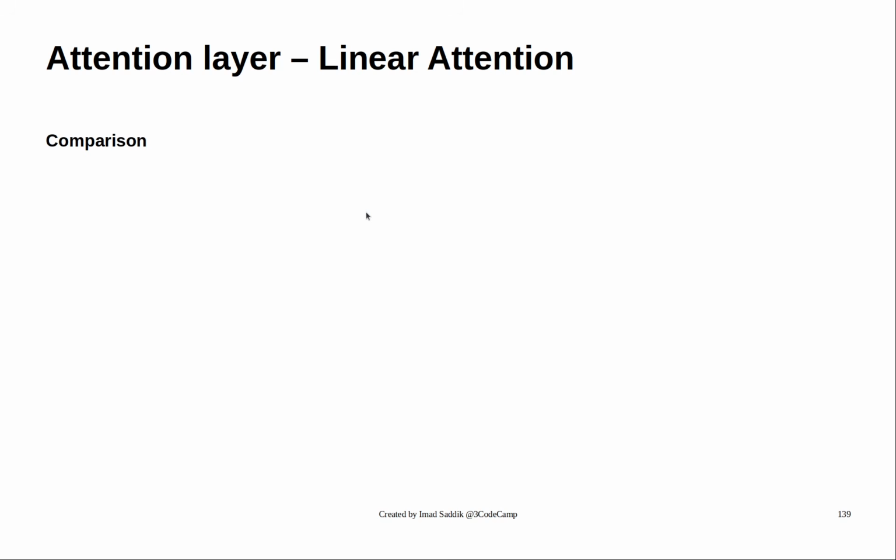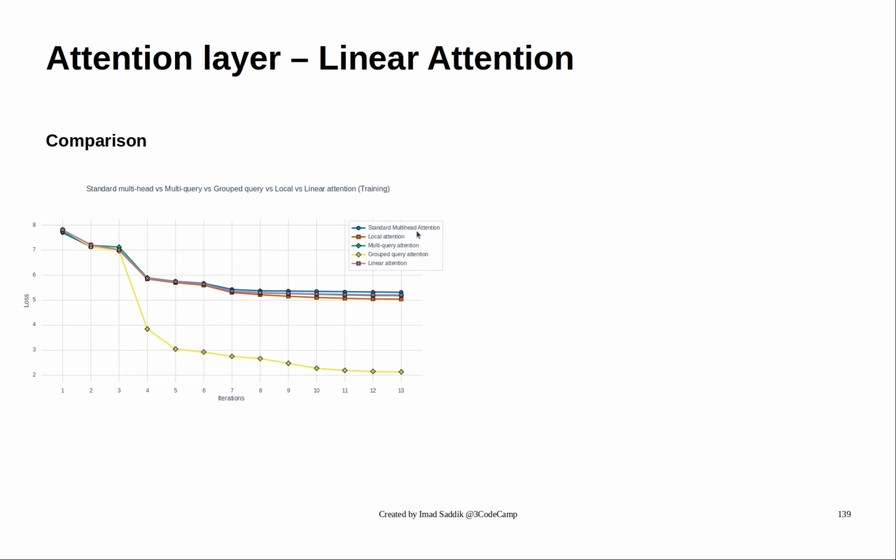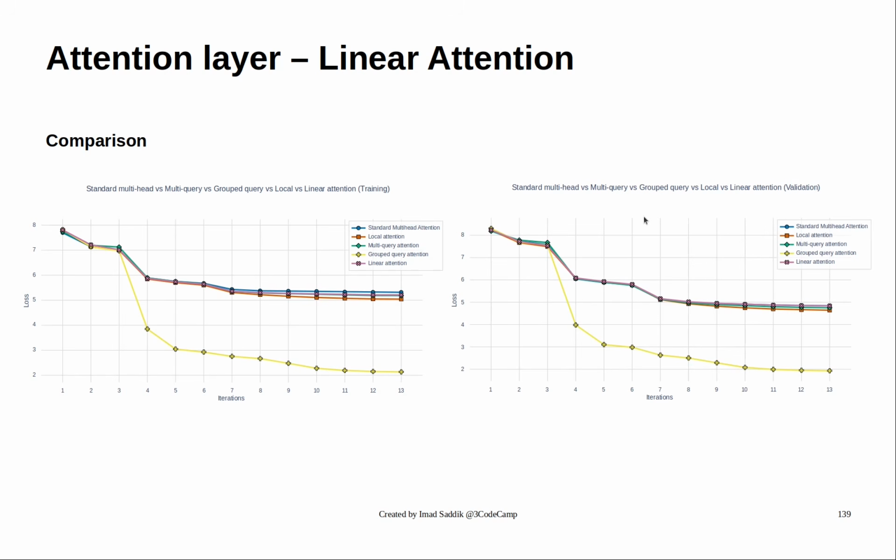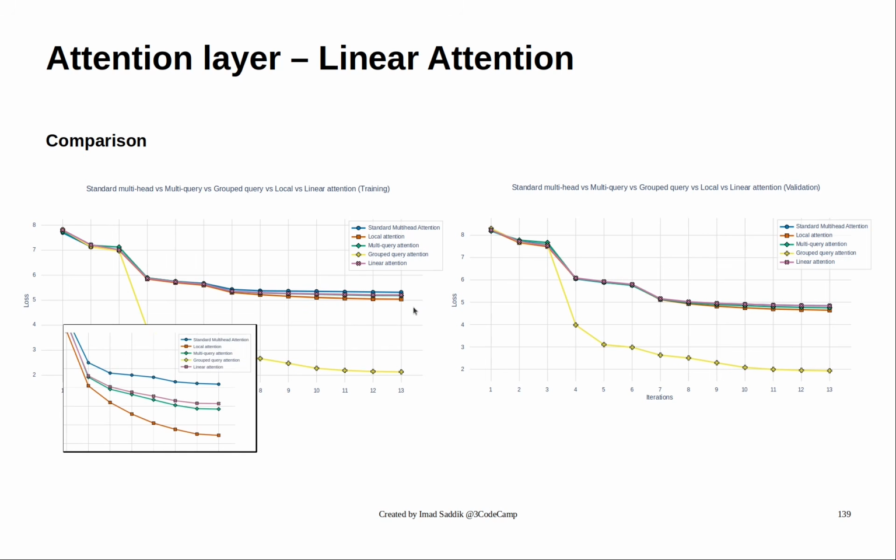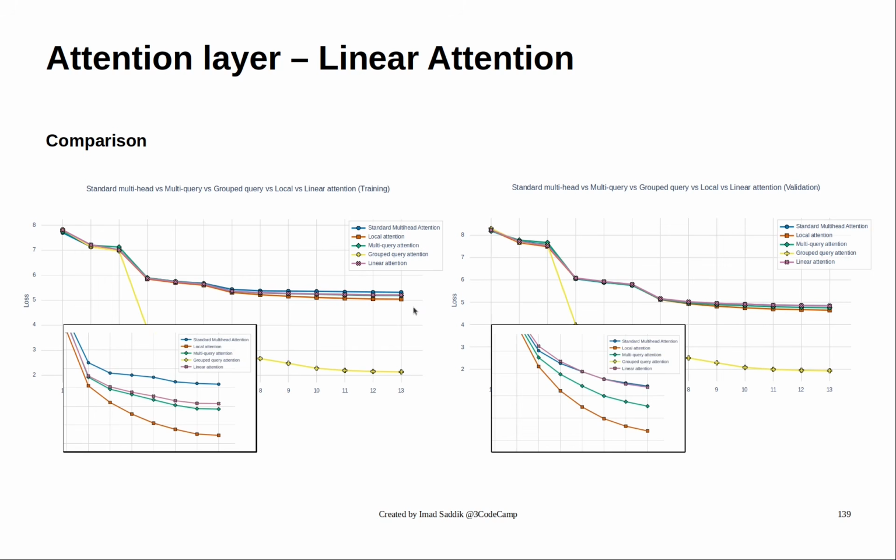Now let's compare linear attention with the previous methods. Here is the graph for the training loss and the graph for the validation loss. Because these curves are close to each other, let me zoom in a little bit so that we can see clearly. Linear attention is this pink curve, and overall it's comparable to multi-head attention.